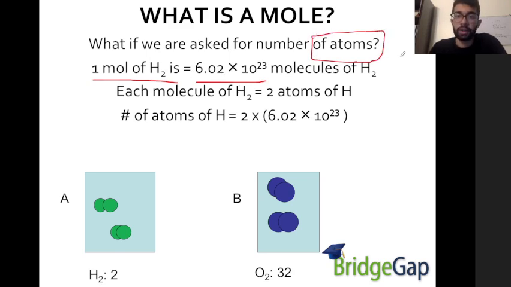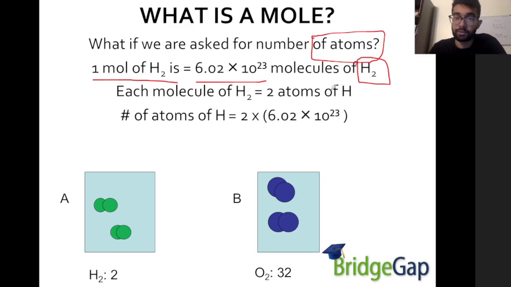And why does this matter? Because the number of atoms is different from the number of particles. And so when we use Avogadro's constant, 6.02 times 10 to the power of 23, we know that in 1 mole of anything there are that many molecules. And so 1 mole of hydrogen gas will always have 6.02 times 10 to the power of 23 molecules of hydrogen gas.